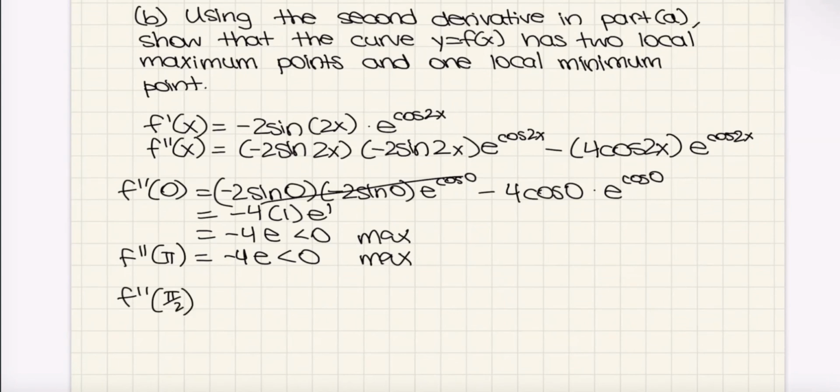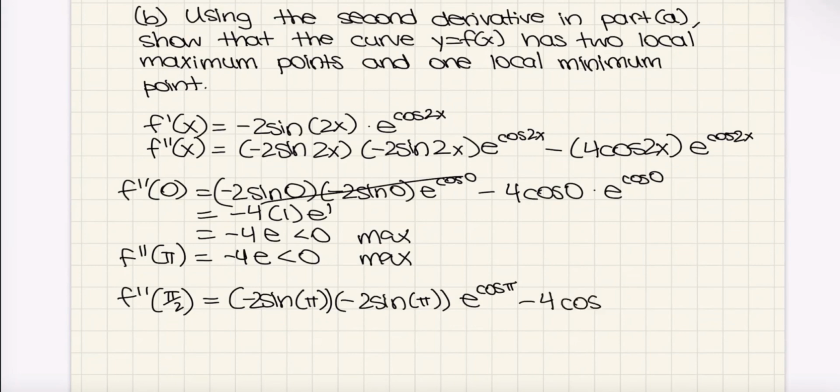If we plug in pi over 2, we get negative 2 sine of 2 times pi over 2, which is pi, times negative 2 sine of 2 times pi over 2, which is just pi, and then times e to the power of cos 2x, so e to the power of cos pi, minus 4 cosine pi, e to the power of cosine pi.